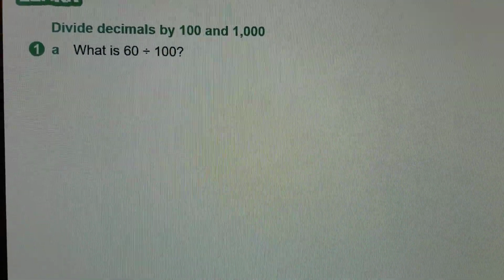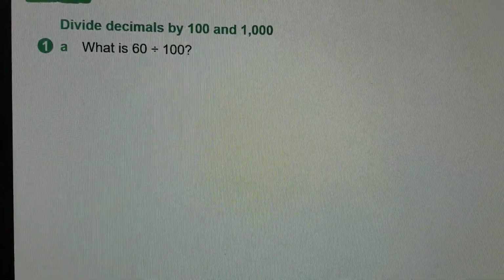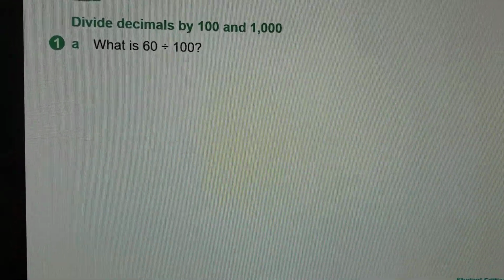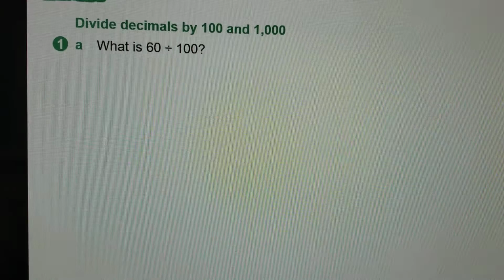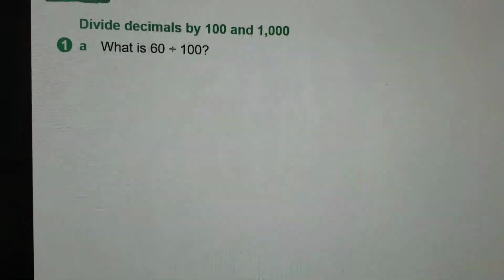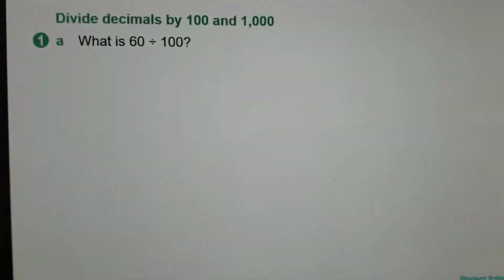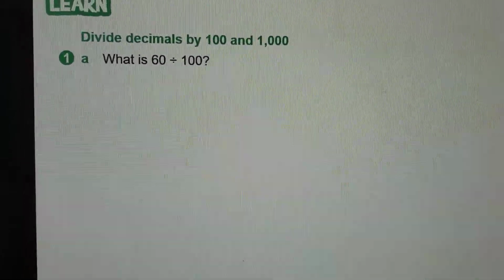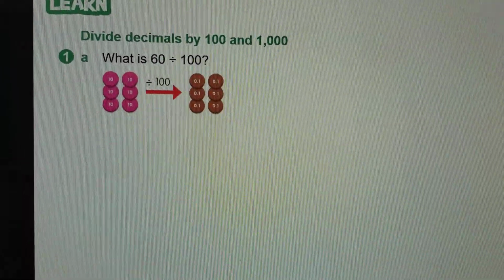What is 60 divided by 100? So it's getting 10 times smaller, 10 times smaller, right? So we're dividing by 100. So right now the decimal in this number is 60.0, right? Divided by 10, divided by 10, the answer will be 0.6.